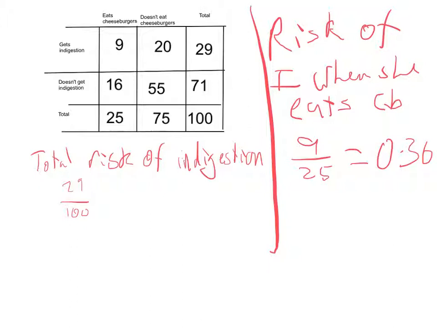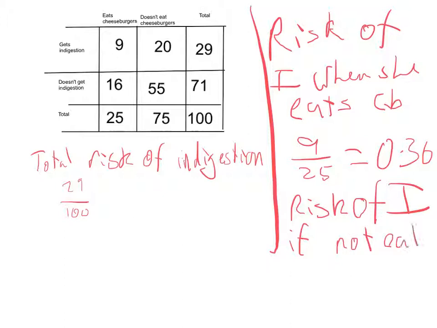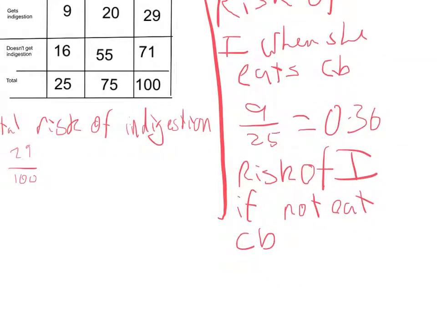This one's 20 out of 75, which when we convert it to a decimal is 0.267.